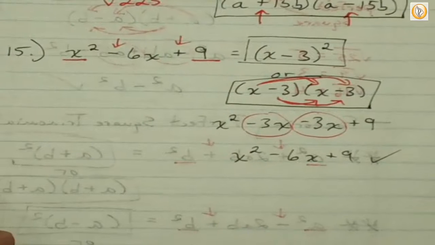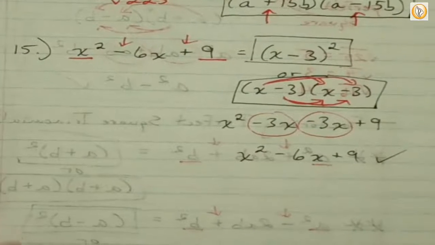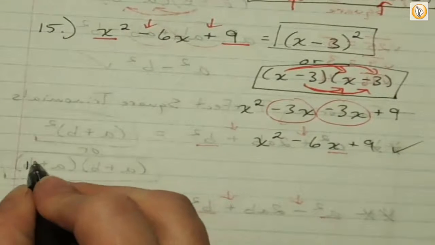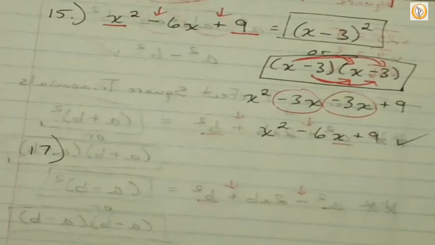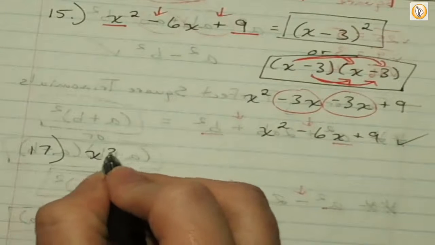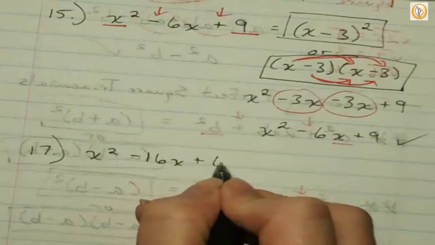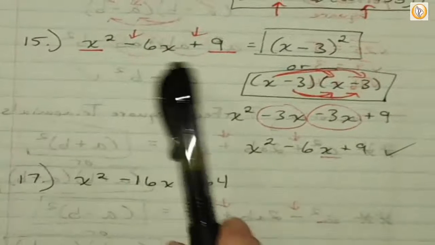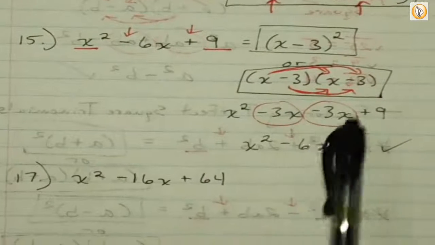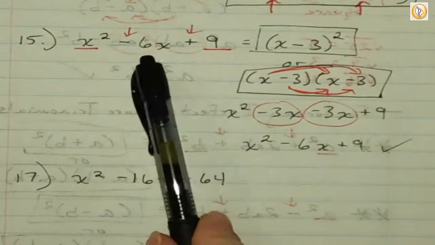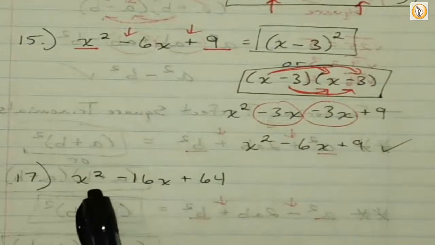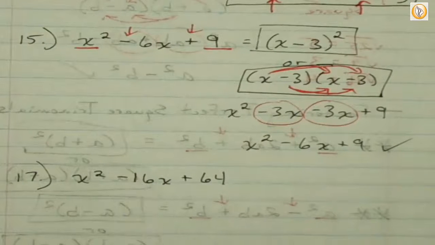Okay? Let's do another. Michael, 17 is x squared minus 16x plus 64. And by the way, you better do the FOIL to make sure you get the middle term, because they may try to trick you.